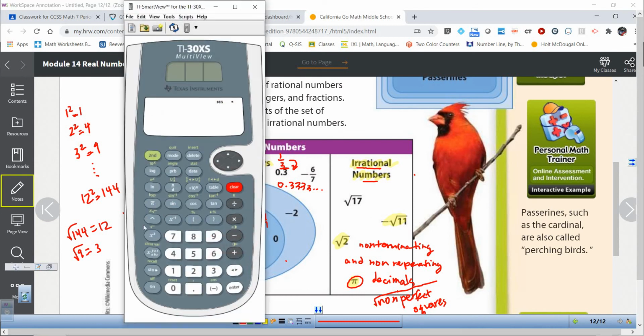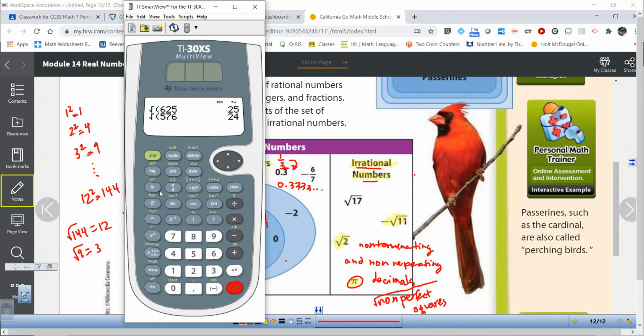For example, I'm going to go second x squared to get that square root symbol. I'm going to put in the square root of 625, and I get 25, so that's rational. I'm going to put in the square root of 576, and I get 24.